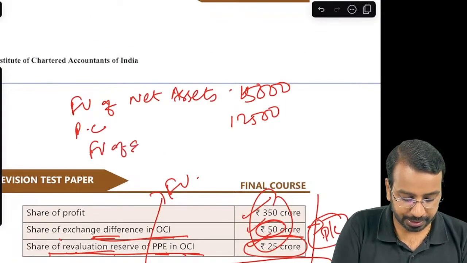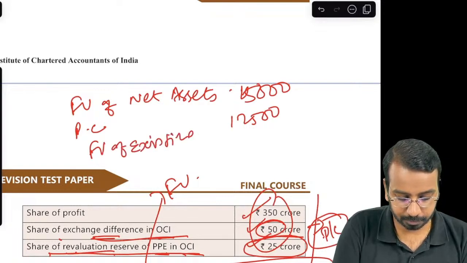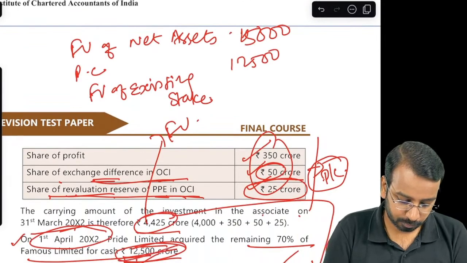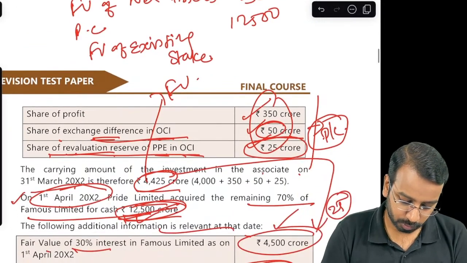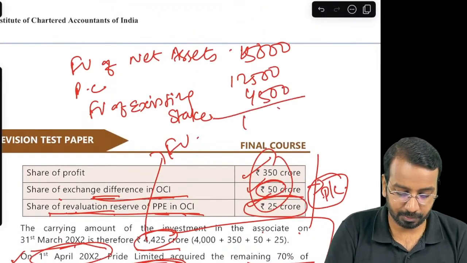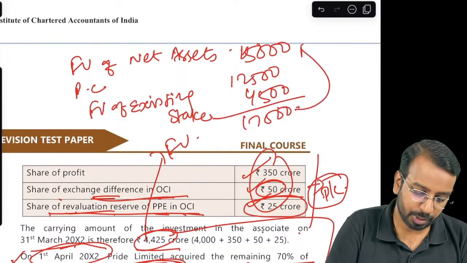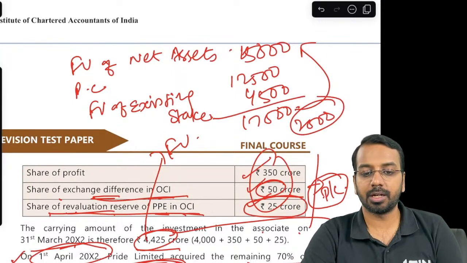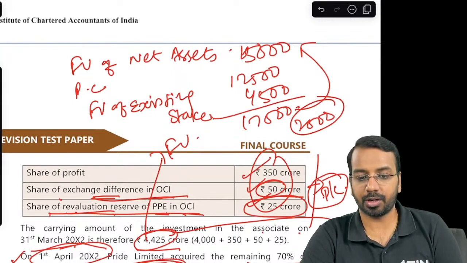Fair value of existing stake 4,500 crores. So this is 17,000 crores as compared to 15,000, goodwill comes to 2,000 crores. So goodwill is 2,000 crores. Very simple and straightforward question.